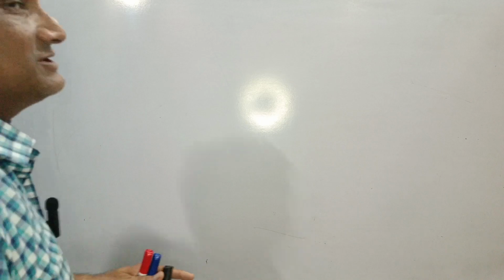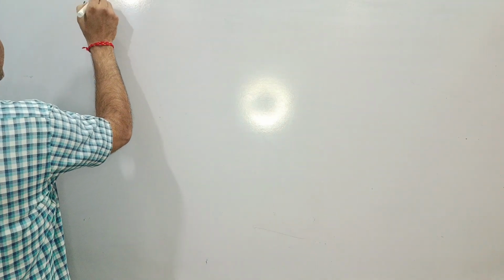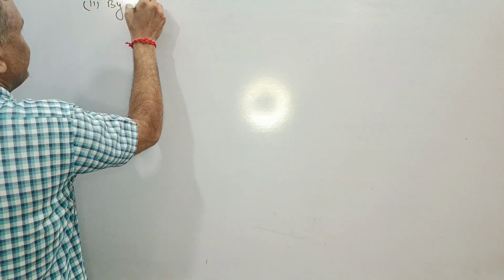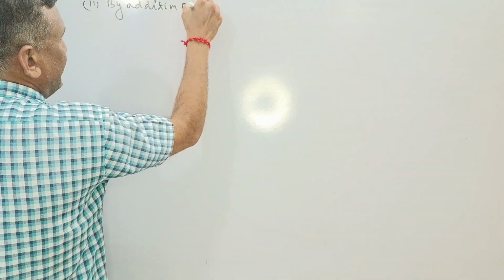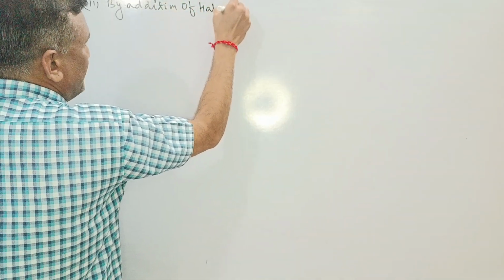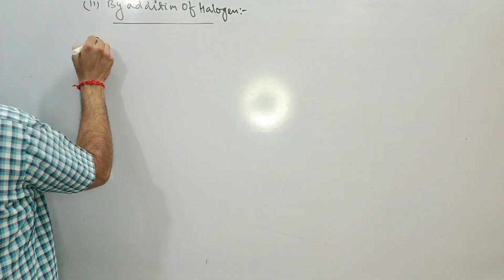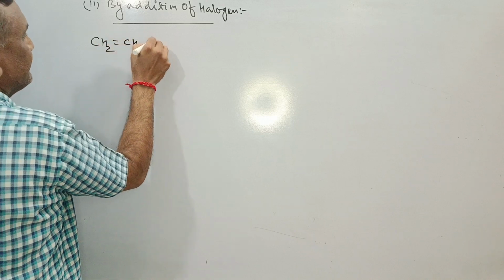So now it is time to discuss the second part, regarding alkene and alkyne addition of halogen. This is the most important reaction, dear student. Why? Suppose this is the alkene. As an alkene we can take ethene.